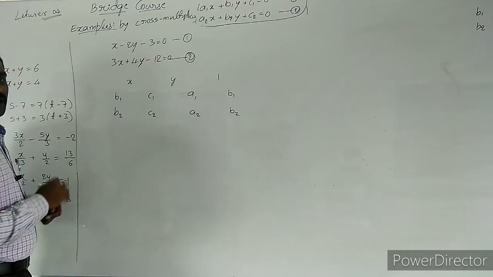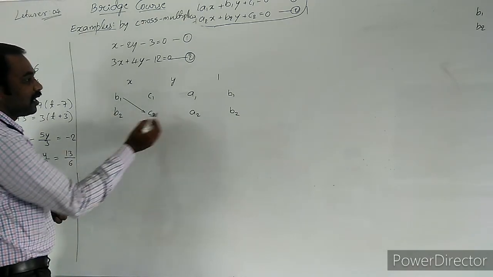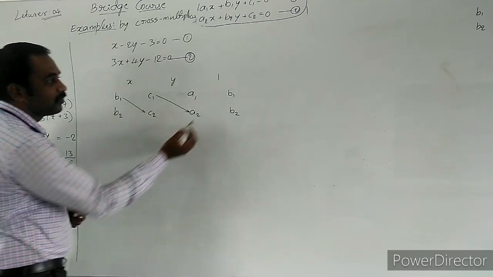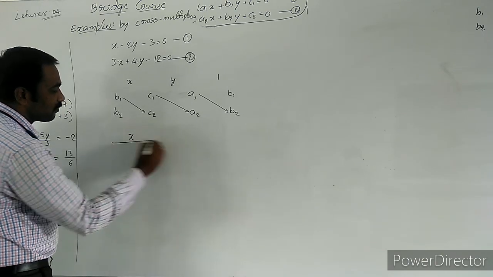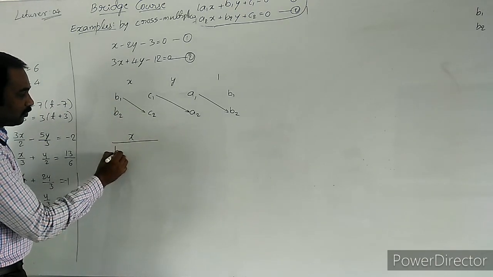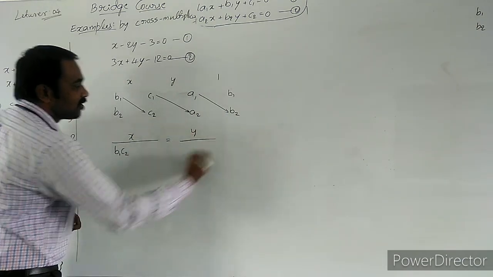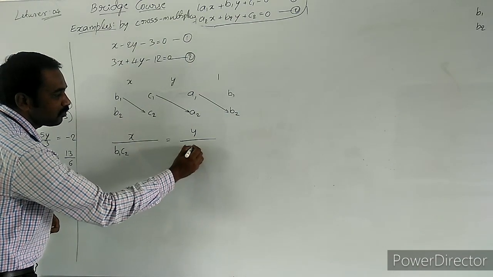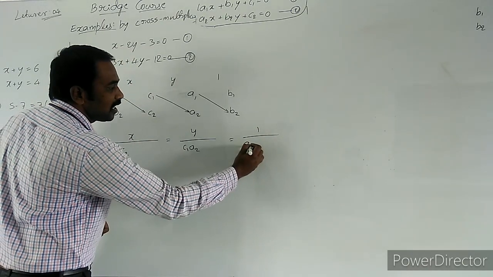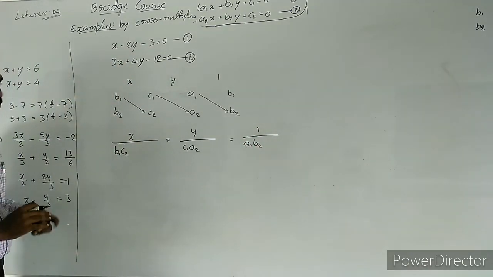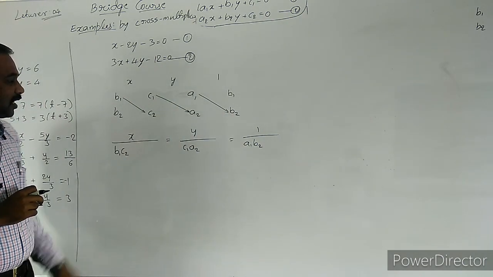Here we cross multiply the values. How do you cross multiply? First, b1 into c2 and c1 into a2. Next, a1 into b2. I write x divided by b1 into c2. Here write an equality, y divided by. Now what is the next pair? c1 into a2. Then is equal to 1 divided by a1 into b2. Once again, observe: x divided by, y divided by, 1 divided by.